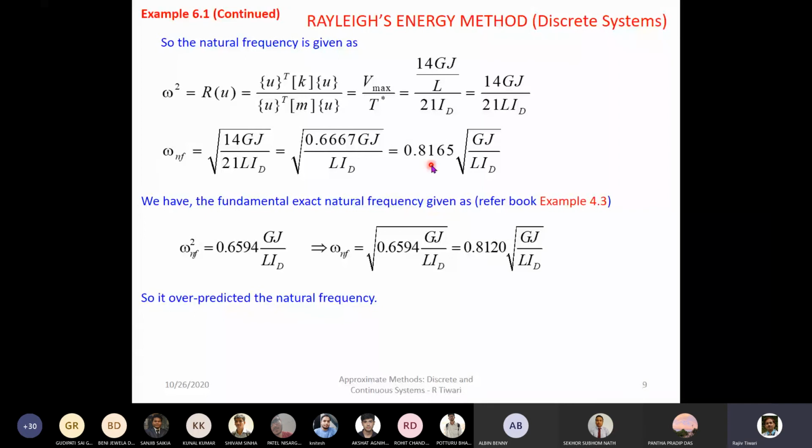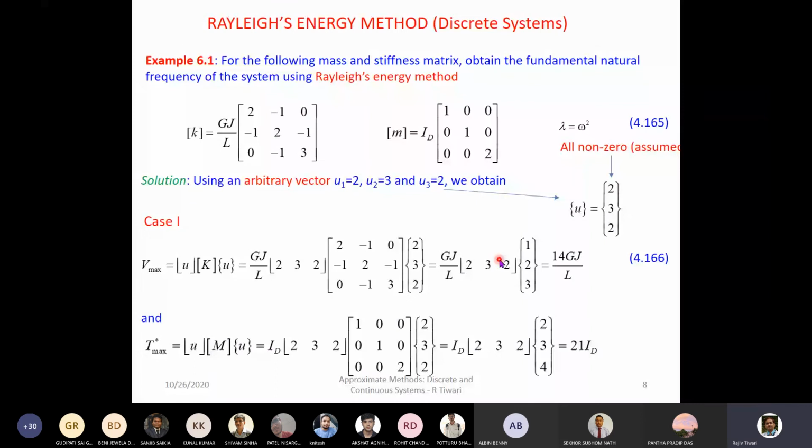That is the Rayleigh's quotient condition, and this is close to the first natural frequency. The Rayleigh's quotient always overpredicts the fundamental natural frequency. Here we chose the vector with all positive entries, and we got this much closer.